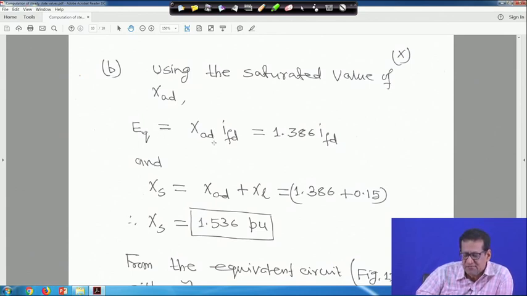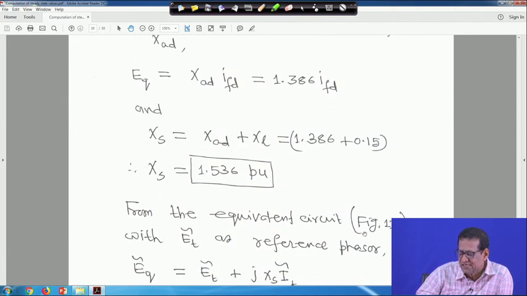Therefore, EQ is equal to XAD into IFD, that is 1.386 IFD, and XS will be XAD plus XL. So, XAD is 1.386 plus 0.15, that is XS is equal to 1.536 per unit, we call it the synchronous reactance.